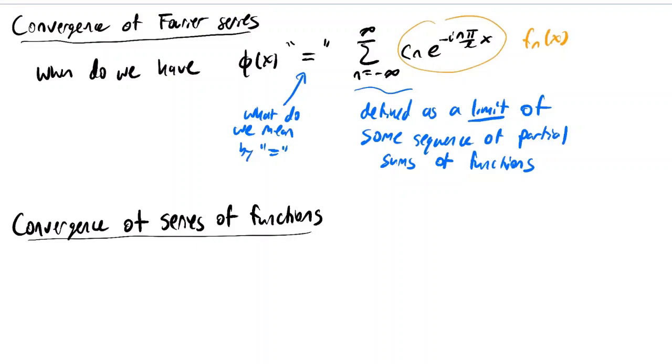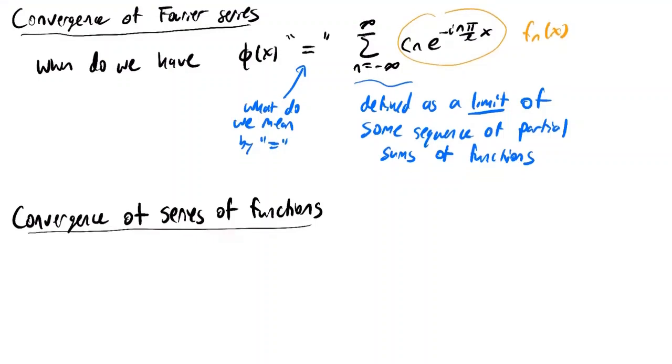And so it turns out that there are 3 important notions of convergence, right? We're going to look at something like the sum from n equals 1 to capital N of fn of x, or maybe the sum from n equals minus capital N to capital N of fn of x.